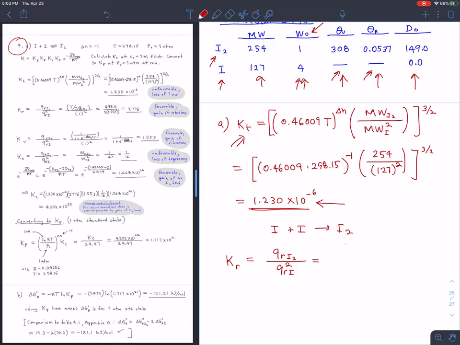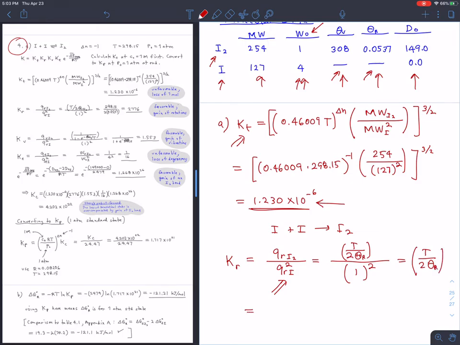That's equal to, for I2, T over 2 (because that's the symmetry factor) theta r, over, no, sorry, there are no rotations for atoms, of course, and so those get a 1. Whenever you're dealing with atoms or something that doesn't have a degree of freedom, the partition function is just a 1, so 1 squared down below. And so that's just T over 2 times theta r.